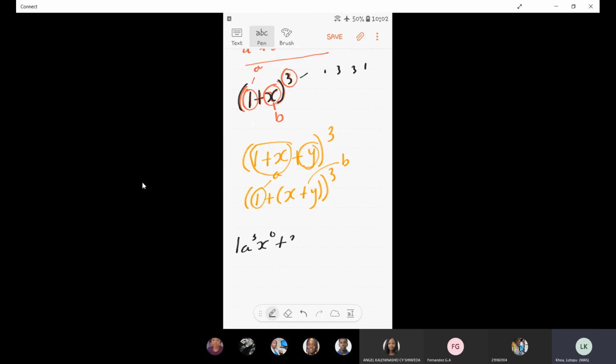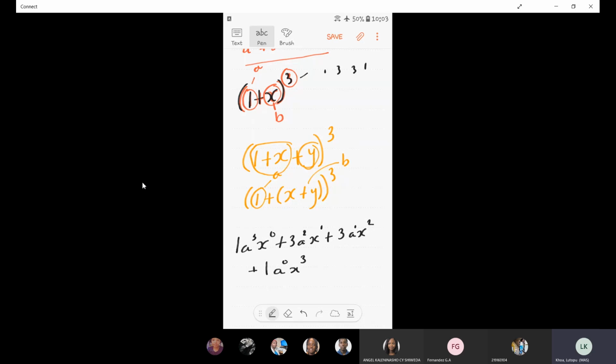Then 3 a to the power of 2, x to the power of 1, then 3 a to the power of 1, x to the power of 2, and the last one, 1 a to the power of 0, and then x to the power of 3.